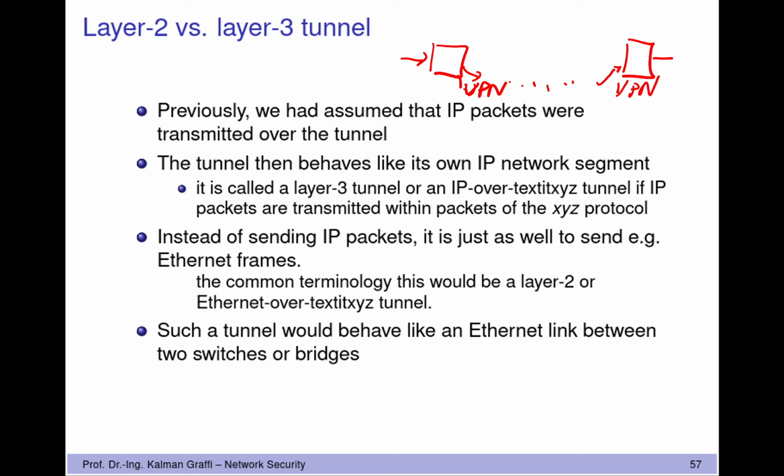And the packets that we sent were IP packets that were put in some kind of capsule. So this is our IP packet, and all this additional encryption was added, and authentication and so on.